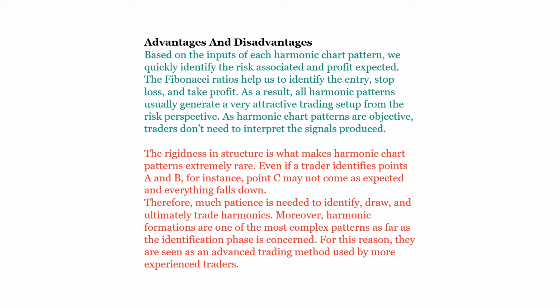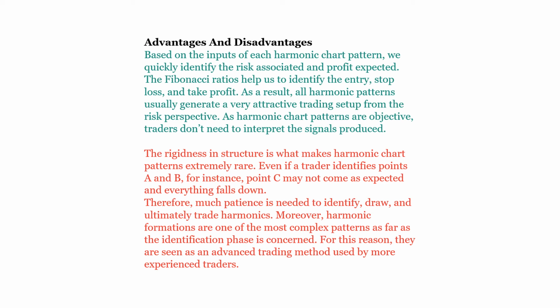Based on the inputs of each harmonic chart pattern, we can quickly identify the risk associated and profit expected. The Fibonacci ratios help us to identify the entry, stop loss, and take profit. As a result, all harmonic patterns usually generate a very attractive trading setup from the risk perspective. As harmonic chart patterns are objective, traders don't need to interpret the signals produced.